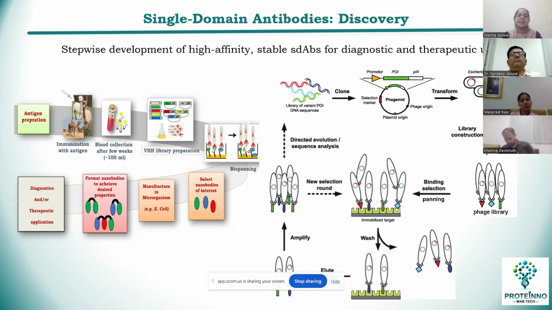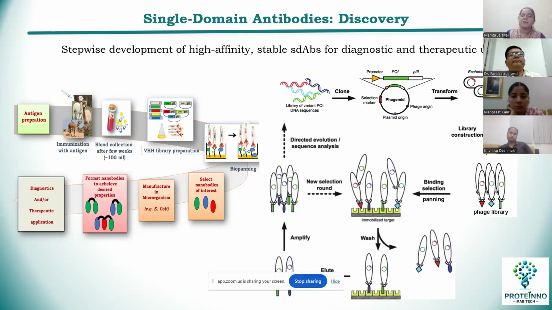It could be made in different formats. We prefer phage display, but it can be made in a ribosome display, or it could be mRNA, bacterial or yeast library. Once the library is ready, the biopanning stage happens, with stringent washing under various conditions, pH variability, and cross-reactivity checking, and we select various nanobodies of interest.